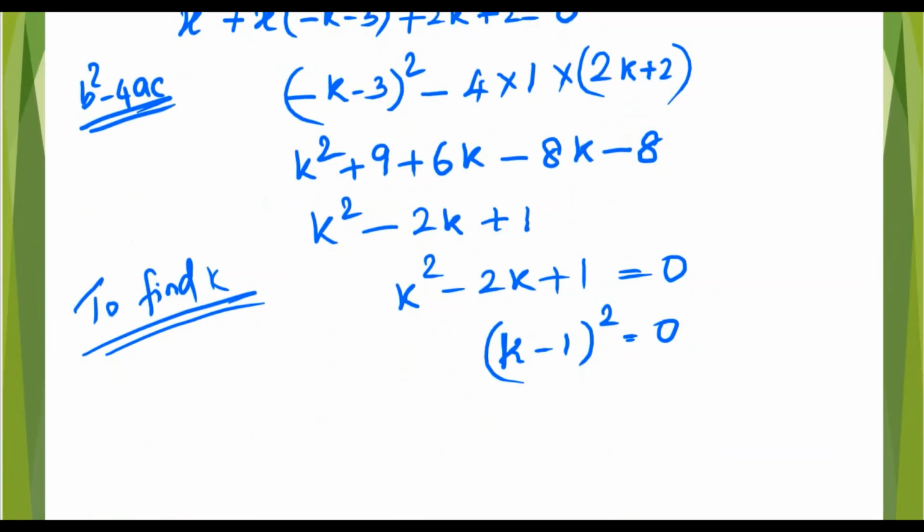Suppose now take the k value as 1. So you will get this is equal to 0. Okay, so in that case, it is a tangent. It touches the curve.